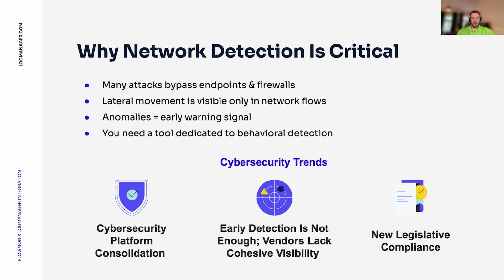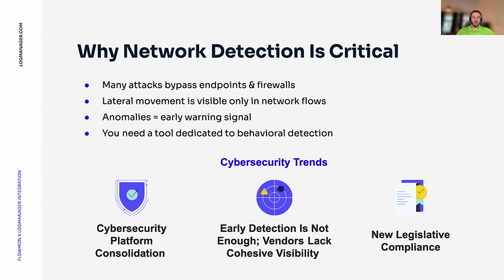That's where network detection and response solutions such as Flowmon play a key role, because many attacks bypass the traditional perimeter defenses such as endpoint and firewalls. So network visibility and threat detection is key, and it is basically the key tool that is capable of spotting that lateral movement that is only visible on the network layer.